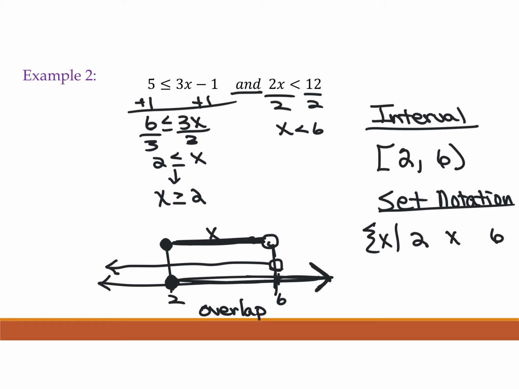Our inequalities are always going to be less than or equal to. Because it's an open circle on 6, we have x is less than 6. And as you can see, that is what we had in the solving. Because it's a closed circle on 2, this is going to be less than or equal to as our inequality.